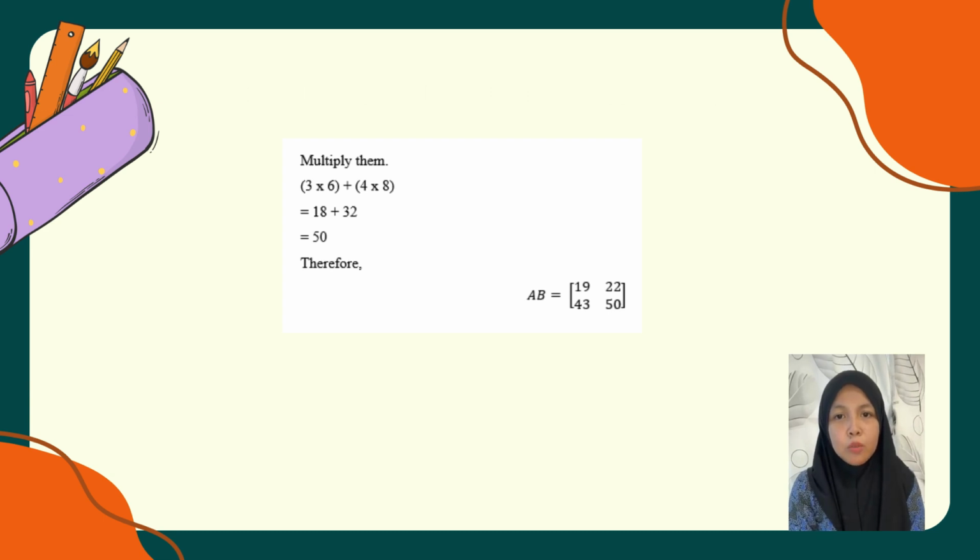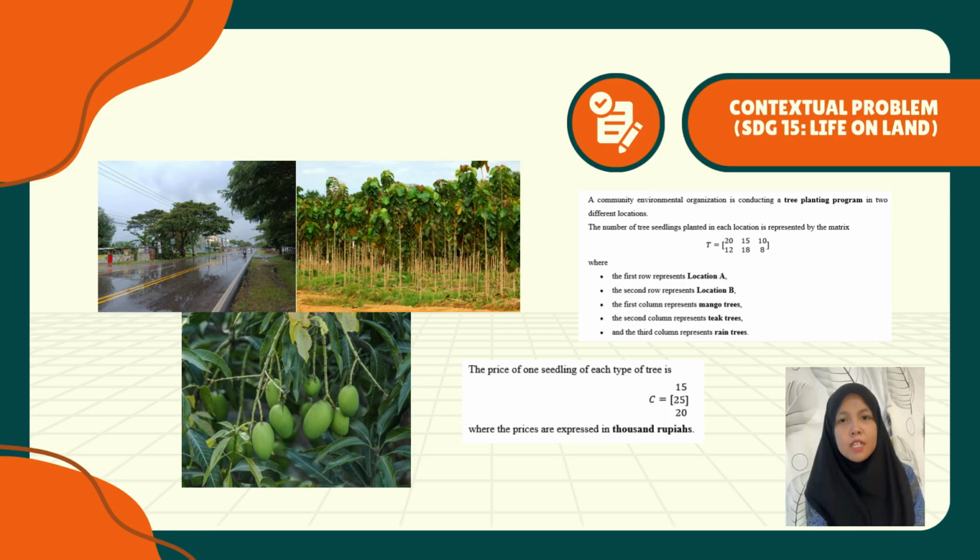Now that we understand the basic concept, let's solve a real-life problem to support Sustainable Development Goal 15, Life on Land. Example problem. A community environmental organization is conducting a tree planting program in 2 different locations.